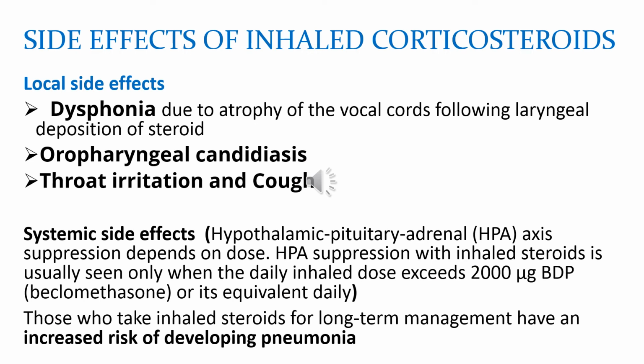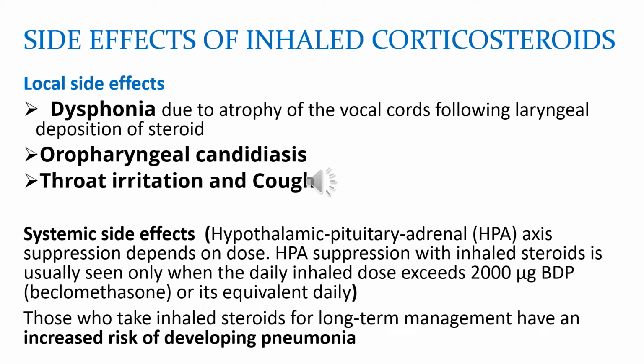Side effects of inhaled corticosteroids. Local side effects: dysphonia due to atrophy of the vocal cord following laryngeal deposition of steroids, oropharyngeal candidiasis, throat irritation and cough. Systemic side effects: hypothalamic-pituitary-adrenal axis suppression depends on dose.